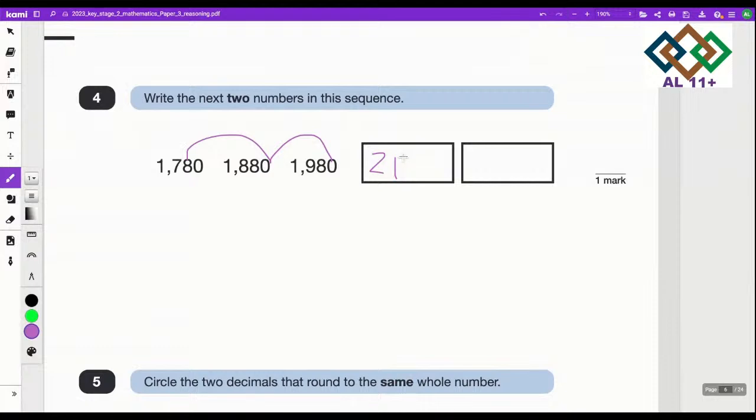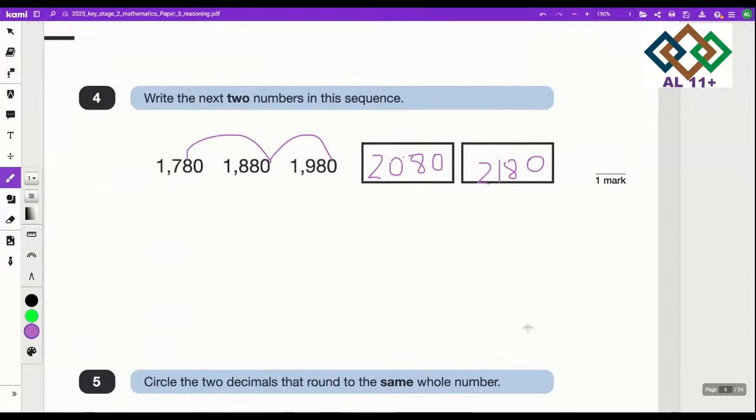Let's write down the first one, that would be 2080. And after that, you have another one that is 2180. Because we need to work out how the sequence works, and then we give the answer. You won't get 1180. This is how you will get it.